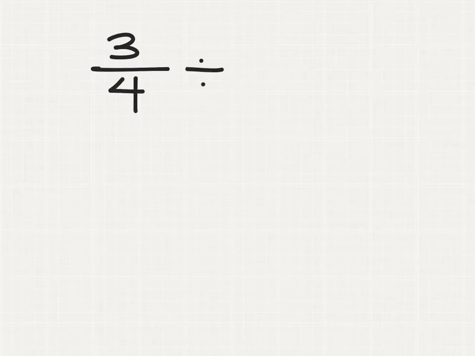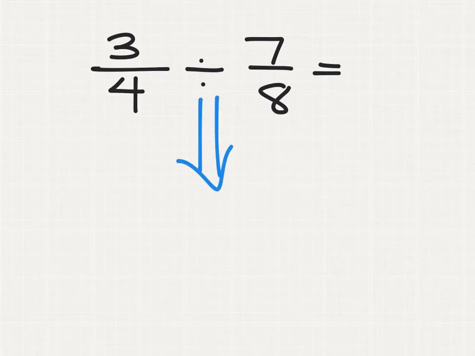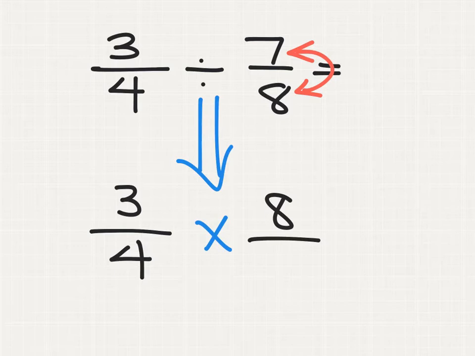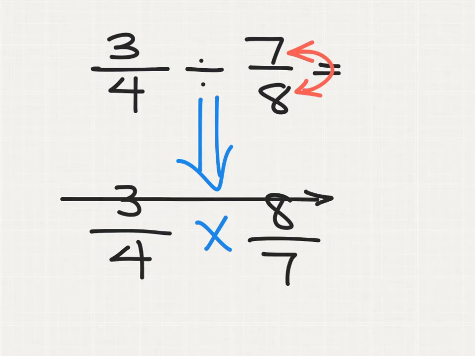Let's try another example. If I have 3/4 divided by 7/8, I am not dividing. We're going to change divide to multiply. We still have 3/4. Only now we need to flip 7/8 to its reciprocal of 8 over 7. And then multiply straight across the numerators. 3 times 8 is 24.